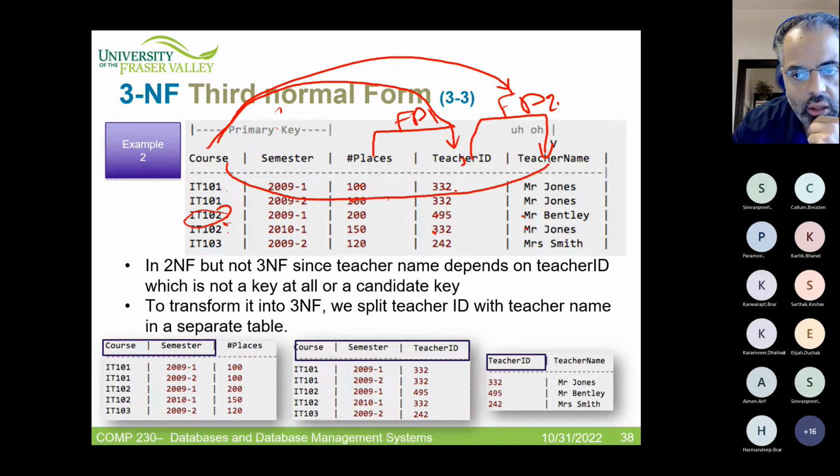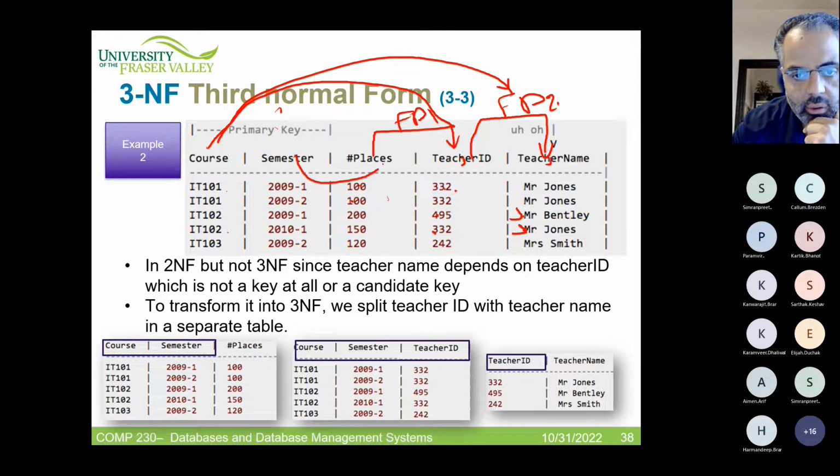Let's see course and teacher name. The same scenario here, 202 is related to Mr. Bentley, the same value is related to another value. So there is no dependency between course and any of these attributes.